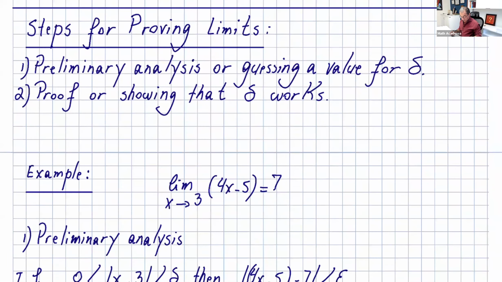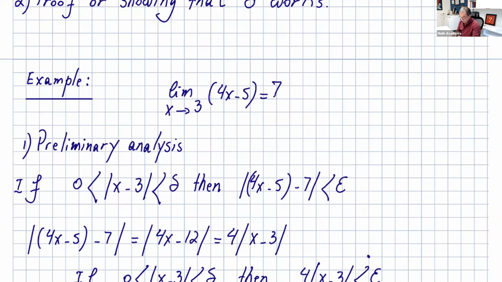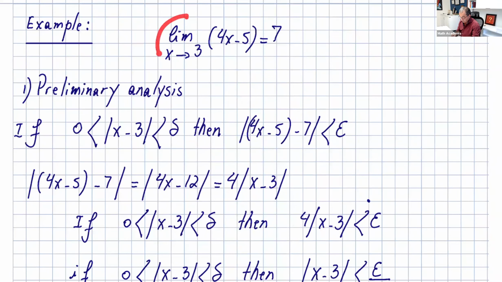Let's do an example. Limit as x approaches 3 of 4x minus 5 equals 7. This is a linear function, and it's obvious if you substitute: 4 times 3 minus 5 gives you 12 minus 5, which is 7. So just by looking at it, we know it works. But let's do the delta epsilon proof.